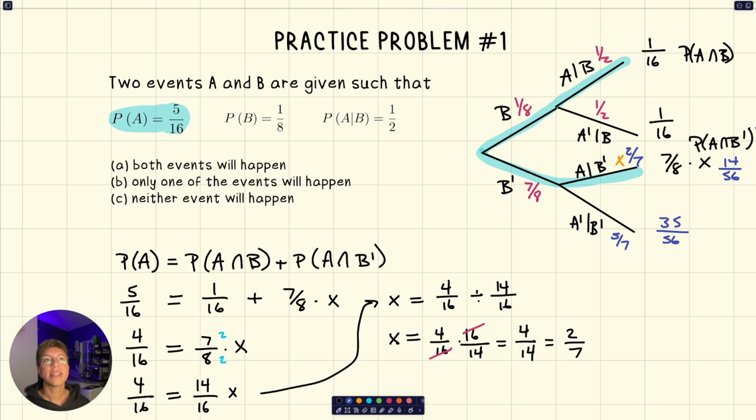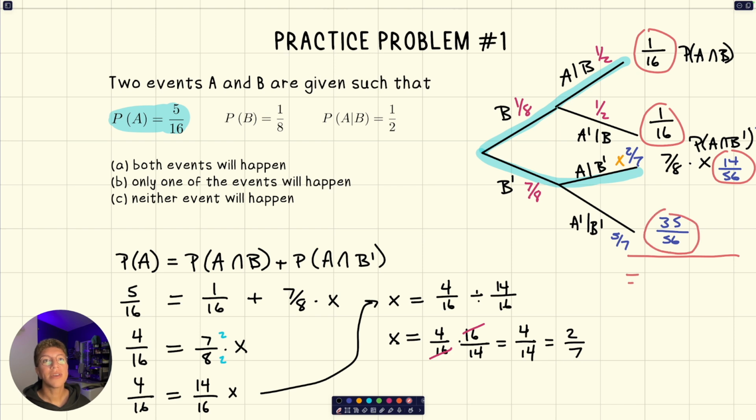And let's see, 35 plus 14 is 49 over 56. So our final sanity check, basically, to make sure that our tree diagram is valid, is to add all of our probabilities from each branch.